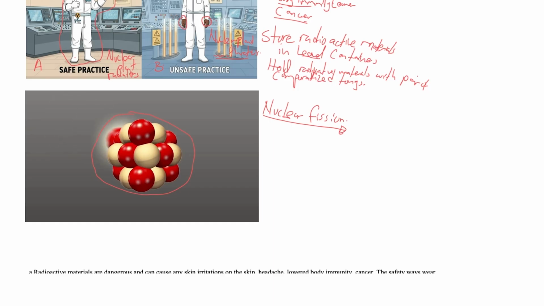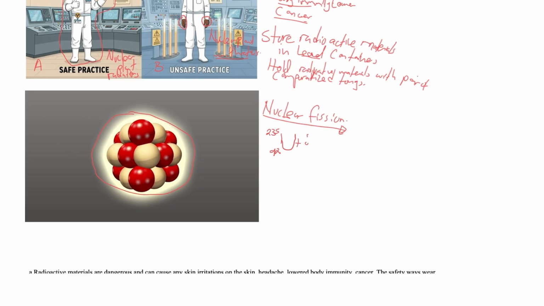You can say that nucleus is uranium 92, 235. Now I'm going to bombard this uranium. You see, I'm actually bombarding it. What am I bombarding it with? It's a neutron.